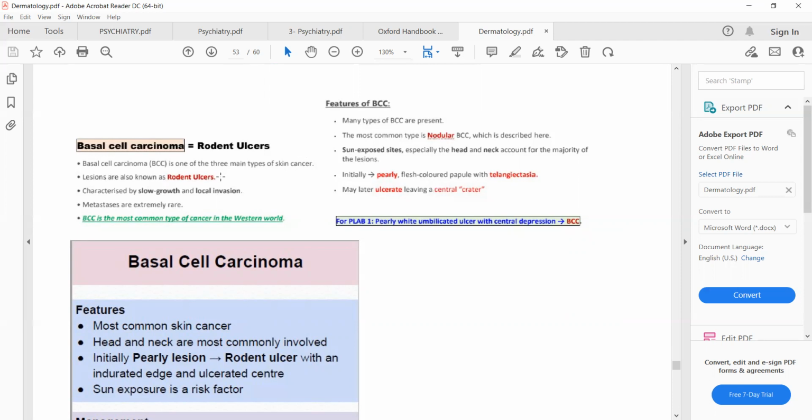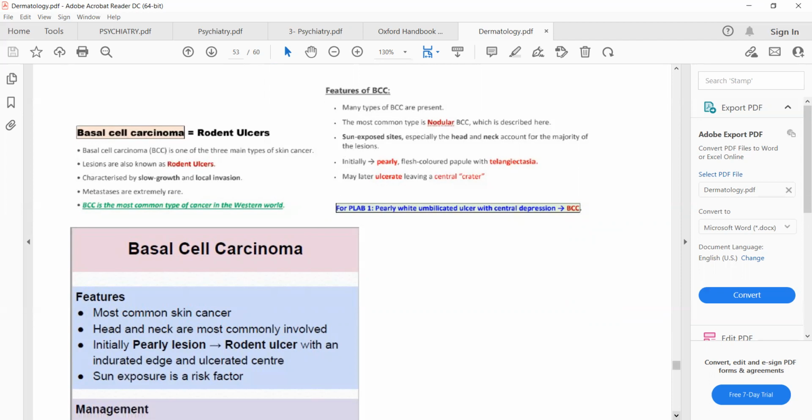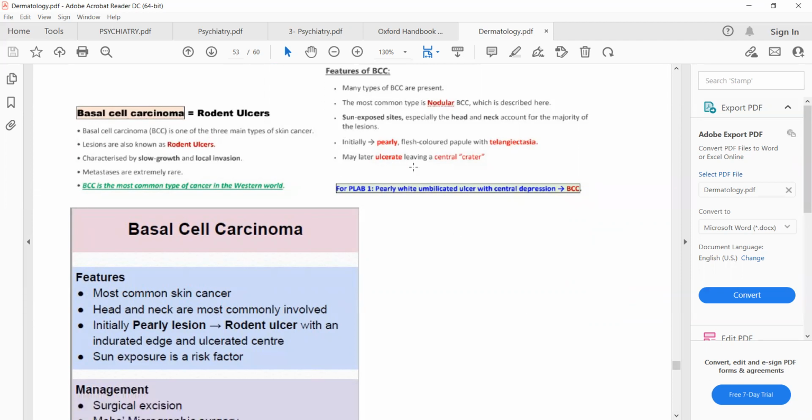Either a rodent ulcer will be given as a feature of basal cell carcinoma, or ulcerating masses with a central crater or central depression. They are more common on sun exposed sites, especially the head and neck.